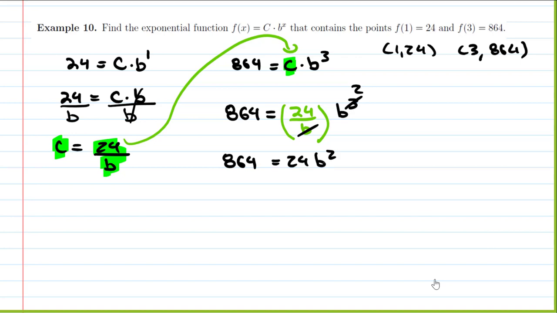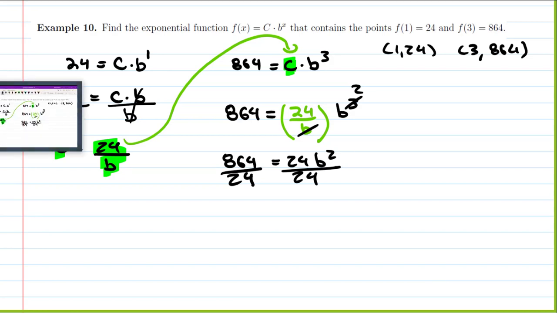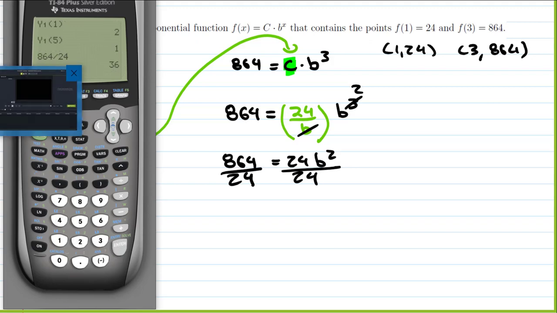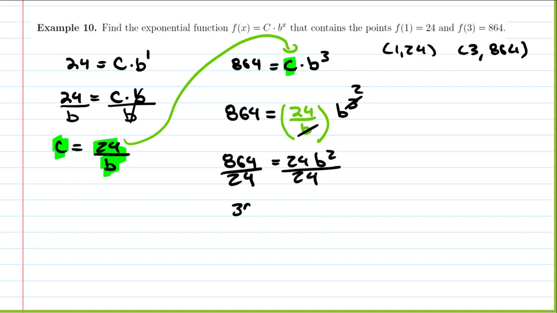So then we would divide both sides by 24. So 864 divided by 24 gives us 36. So 36 is equal to b squared. So then taking our square root, we get b is equal to plus or minus 6.